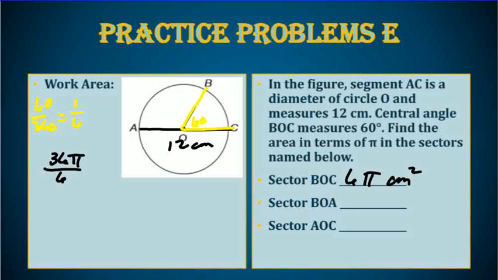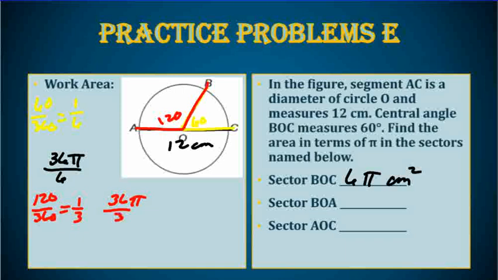BOA, so BOA, this is 60, this has to be 120, so we got 120 over 360, which would be 1/3 of the circle. So we take 1/3, so it'd be 36 pi divided by 3, which will give us 12 pi square centimeters.